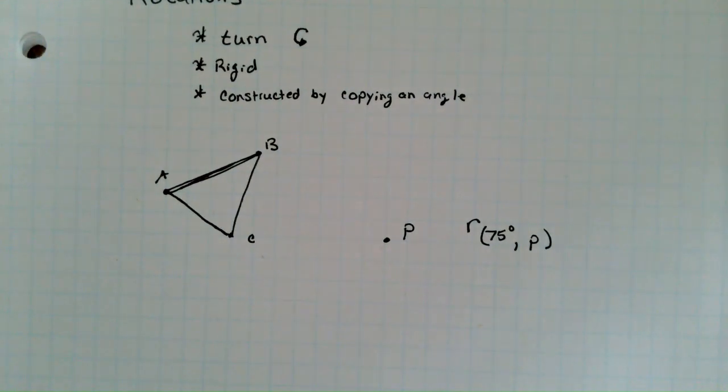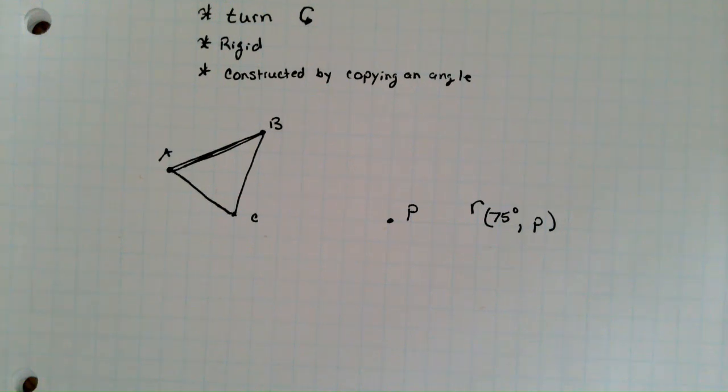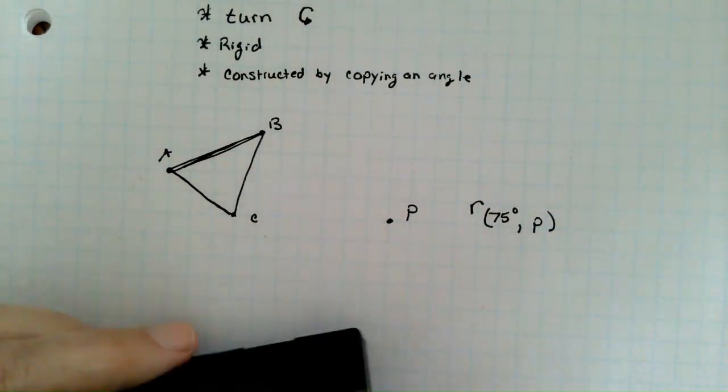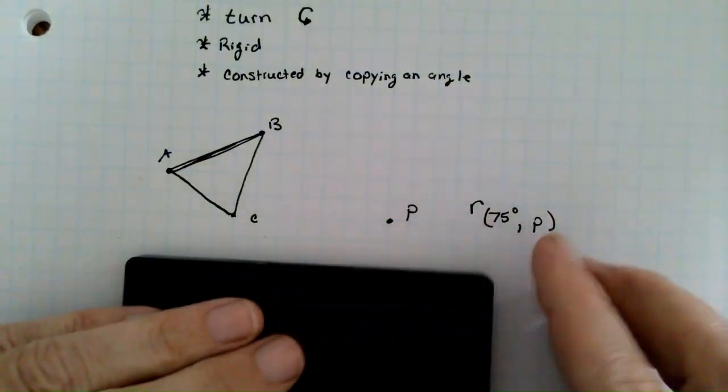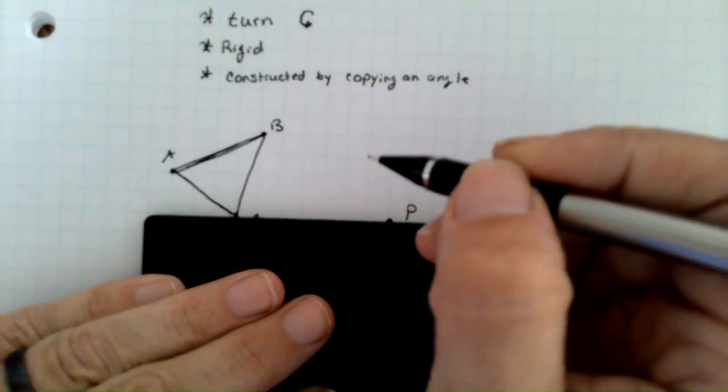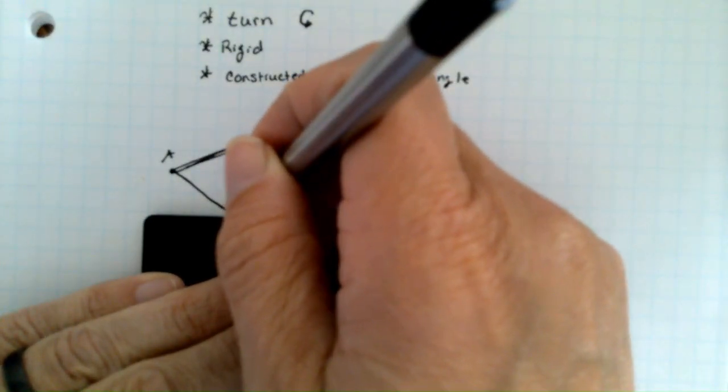Okay, so step number one. We are going to connect every single line to P. You're going to do that in pencil. And sometimes it's easier to do them one at a time.